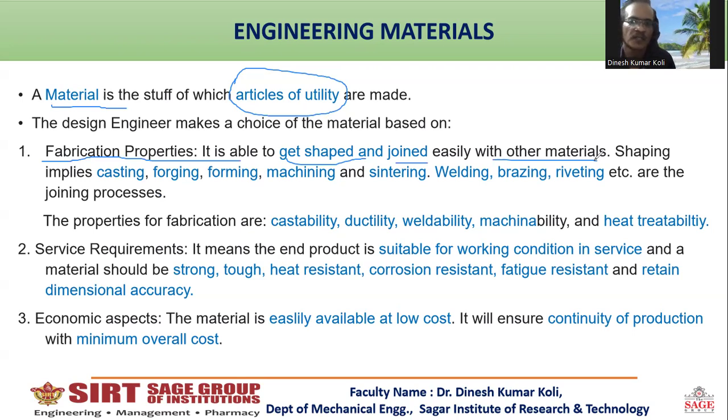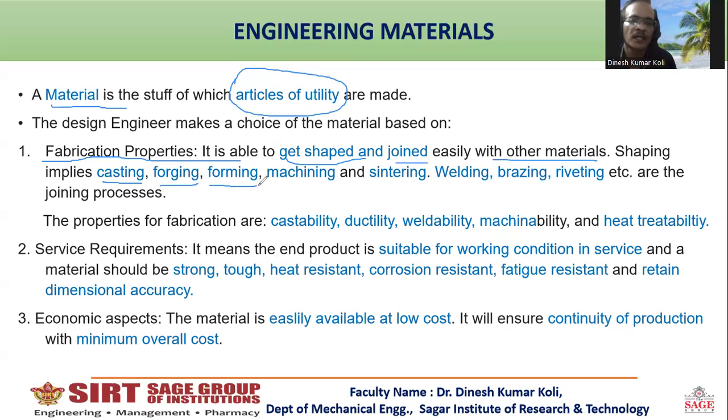It may have the casting property so that it can be cast, which is particularly useful when using cast iron. It may be forged, by heating it and then hammering it to give the shape. It is called forging.